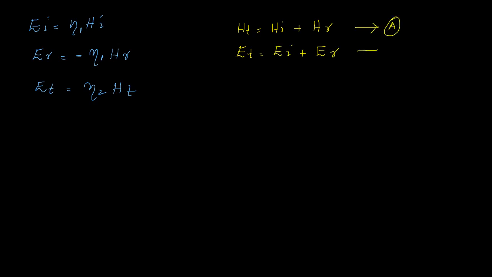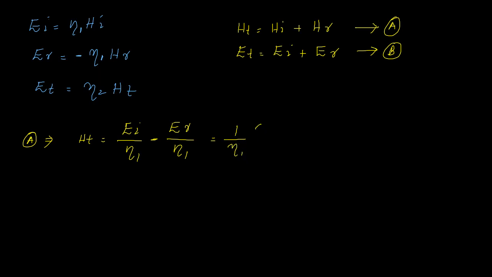This is A and this is B. I am going to use expression A here. HT is HI plus HR, where HI is EI upon eta 1 and HR is minus ER upon eta 1. So eta 1 we can take out: EI minus ER.